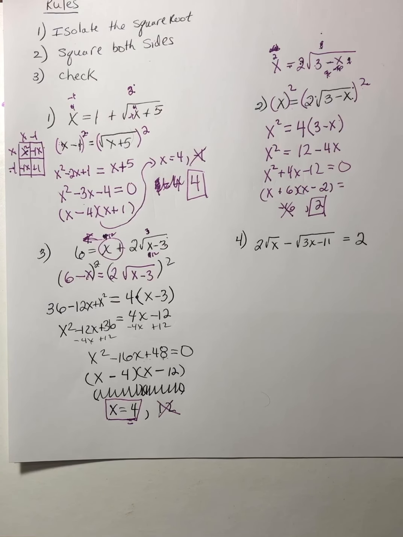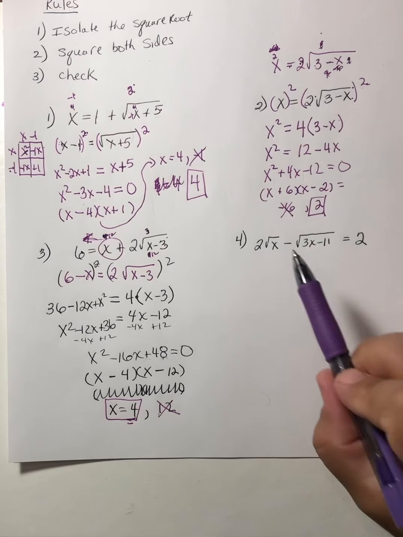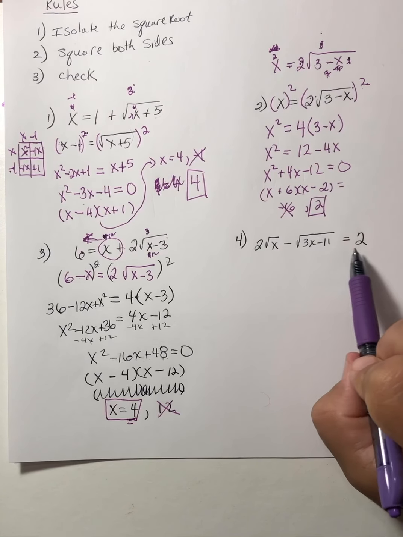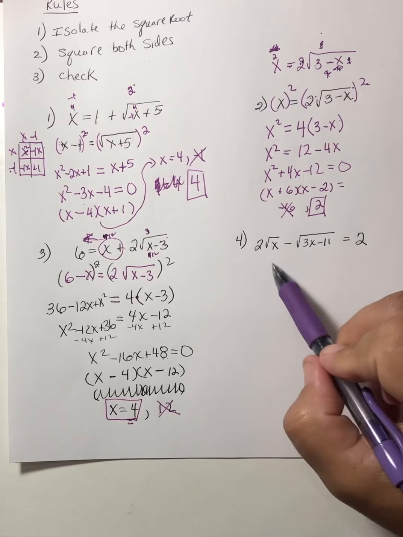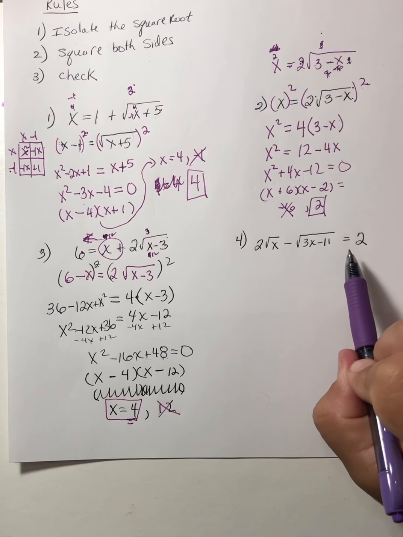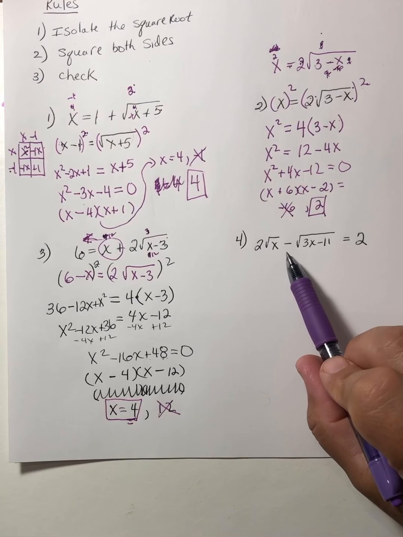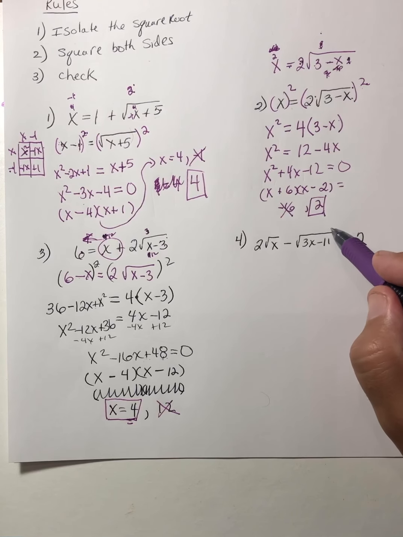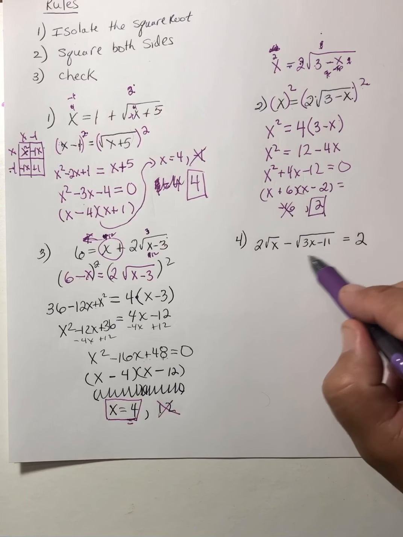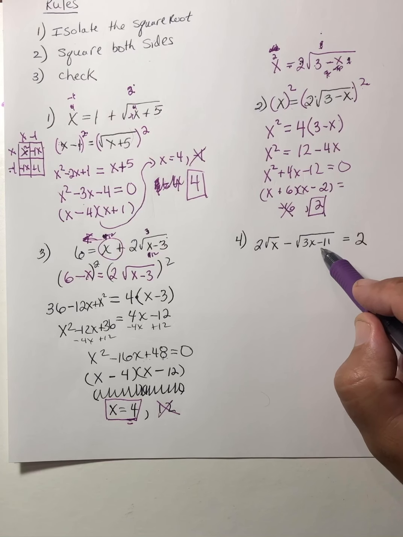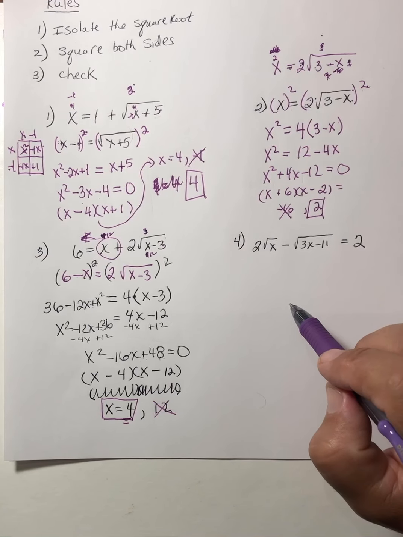Now, in order to make our life easier, I could start squaring right now. I would do a big giant box and I would start squaring this thing out. You could. I think it'd be easier to get this big monster one all by itself and then square both sides.